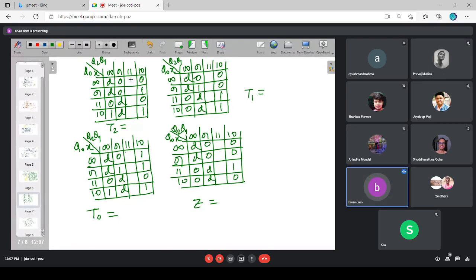Fine, 1 1 0 0, what two are don't care. And then 1 1 1 0, 0 1 1 0. Then 1 1 0 0. So the map is complete. Now go for the minimization.